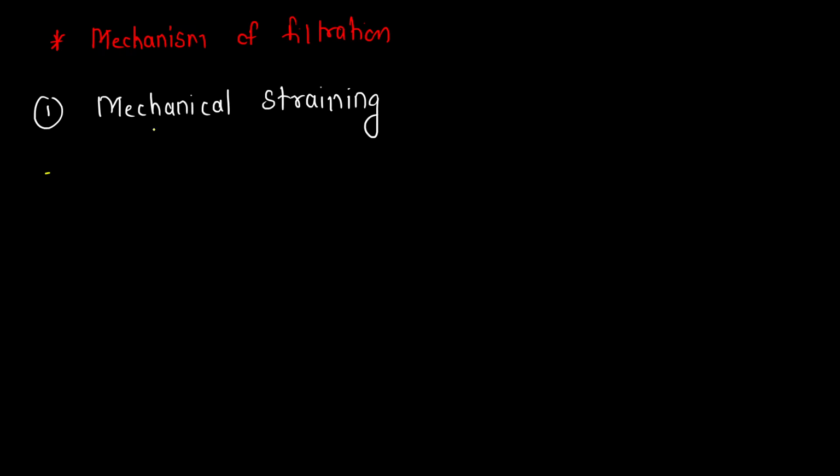What is the meaning of mechanical straining? You can imagine it as a sieve analysis of water. Whatever coarse particles are present get settled at the top of the filter bed. So most of the particles or impurities are removed in the upper layers.